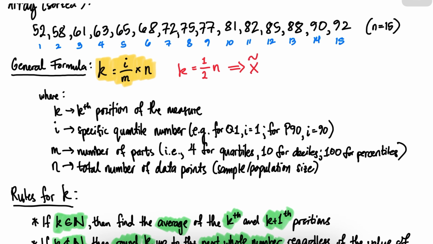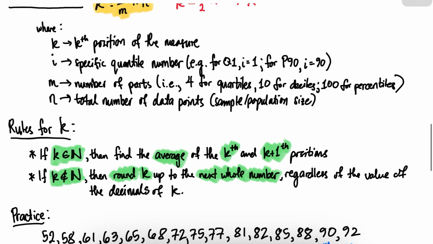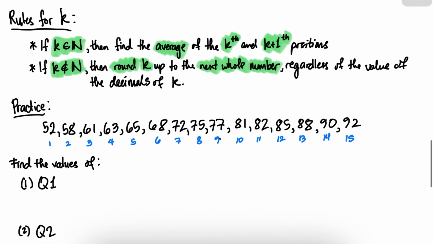Now, what are our rules for our k? We have two simple rules. If k is an integer, or a specific counting number, since we're counting an array, the lowest number we'll have is 1 anyway, then the value would be the average of the kth and the k plus 1th positions. So we need to find the kth position as well as the k plus 1th position and get the average of those two numbers. Okay, pretty much clear.